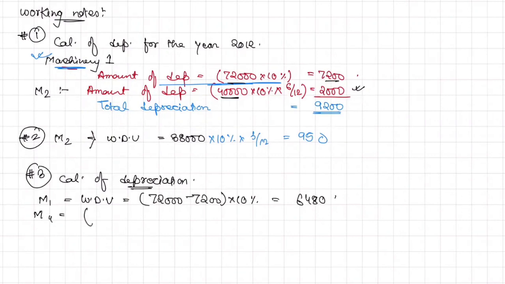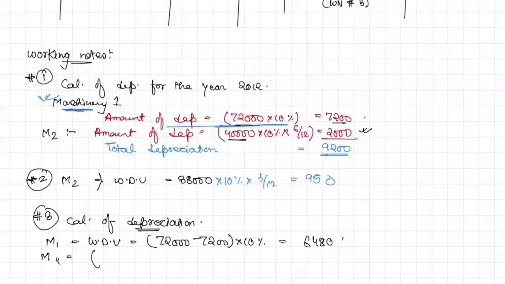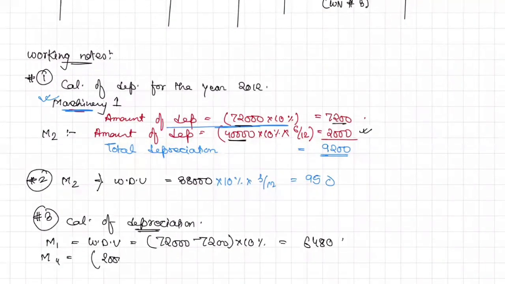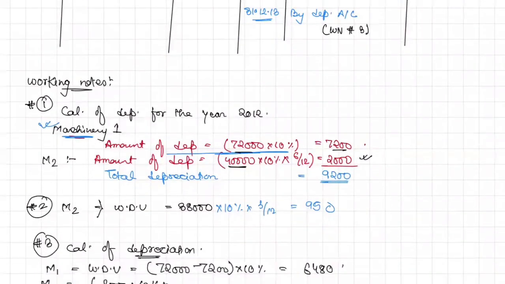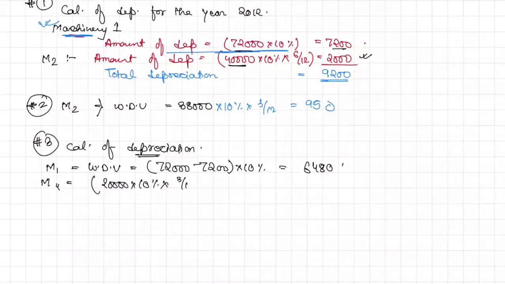And for M4, the cost is 20,000. Rate of depreciation is 10%, but it came in the month of October. So October, November, December, only 3 months it was there in the books. 20,000 into 10% into 3 divided by 12, so it is coming to be 500.